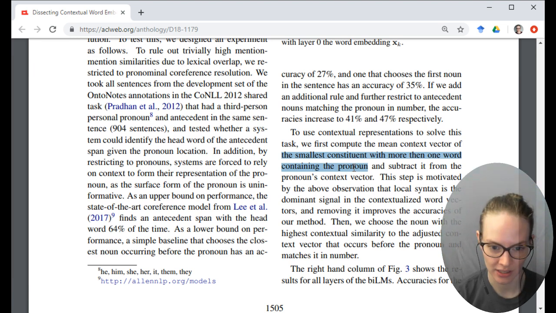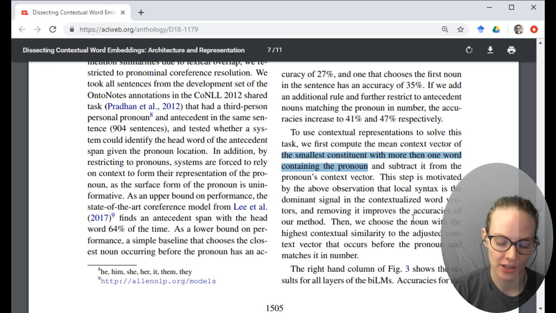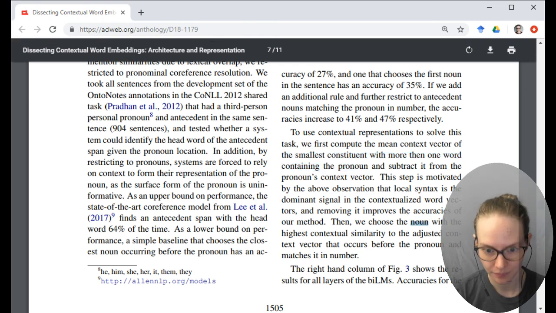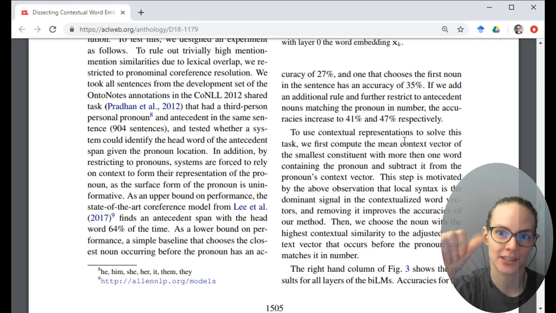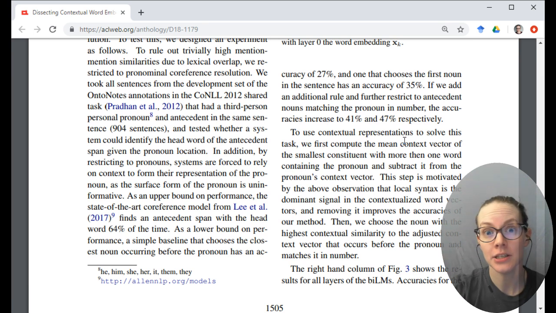That's something you need to have a priori information on to use this approach. They also need to know part of speech. So it would require constituency parsing and part of speech labeling, in addition to training context vectors.